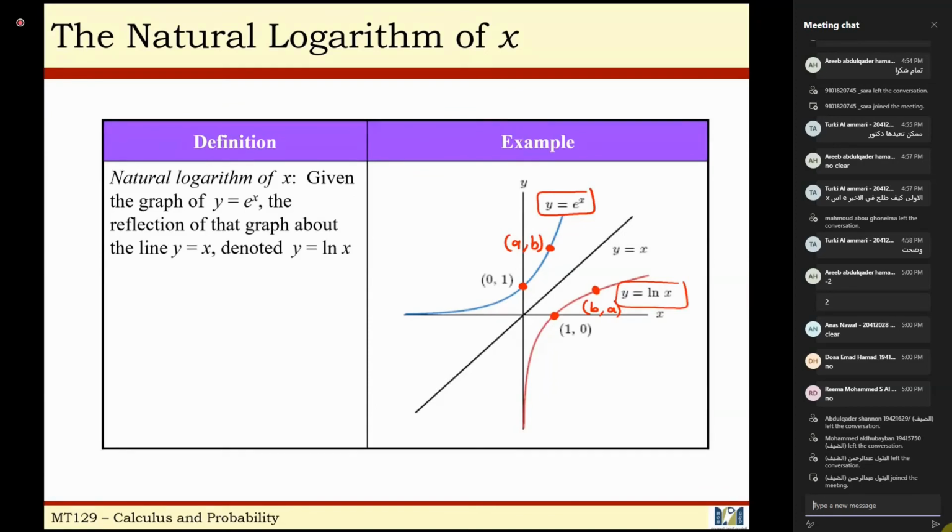Now we have some properties for exponential and for ln.